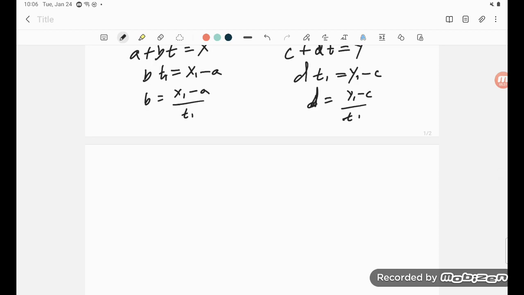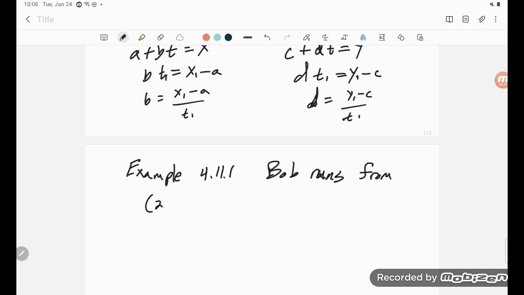So let's take a look at their examples. They have example 4.11.1, and what they have is Bob runs from the point 2, 3 to the point 5, minus 4 in 6 seconds.